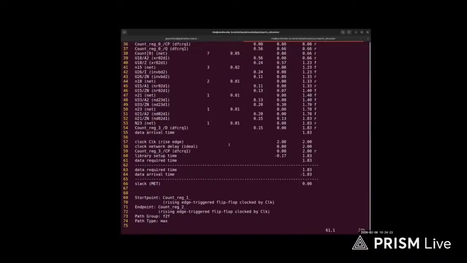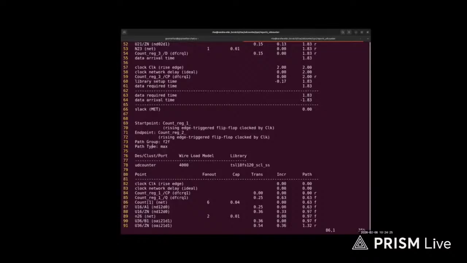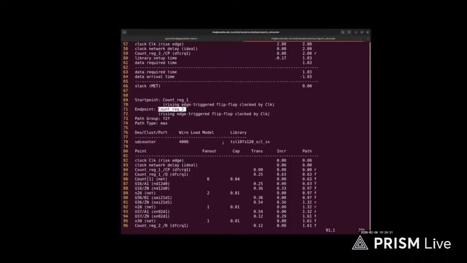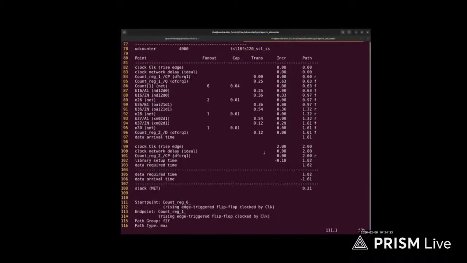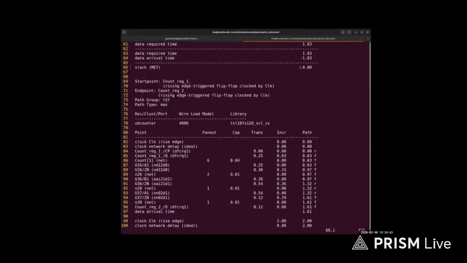The next path is at line number 69. The start point is count reg 1 and the end point is count reg 2. Here, there is some positive slack available. That means this path is not critical. In the critical path, there is no slack available at all. Got it? Any doubts?